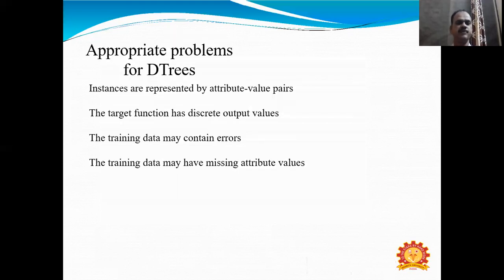So, the appropriate problems for decision trees. Instances are represented by attribute-value pairs. The target function has discrete output values.